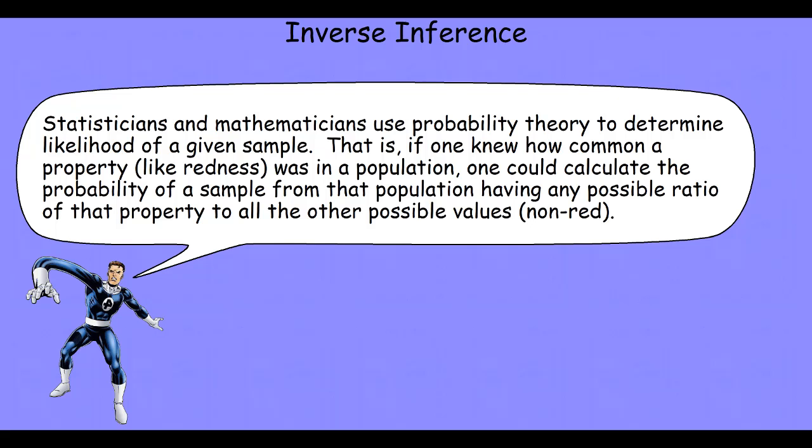Statisticians and mathematicians have used probability theory now to determine the likelihood of a given sample. That is, if we know how common a property like redness is in a population, we can calculate the probability of a sample with a specific size having any possible ratio of that property to all other possible property values.